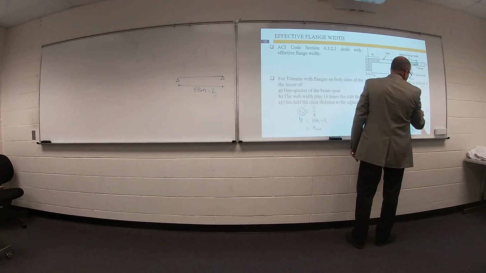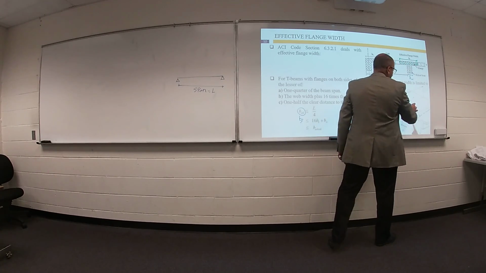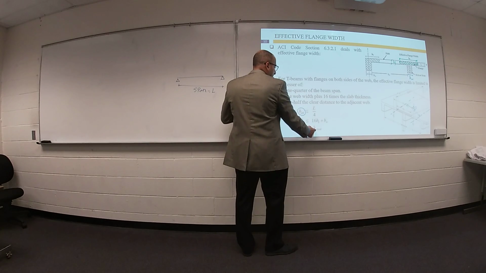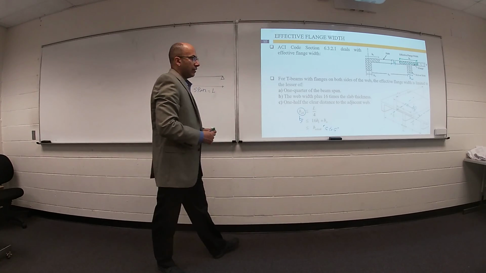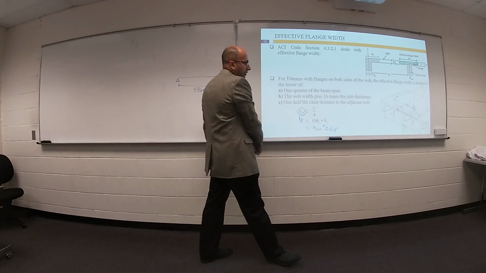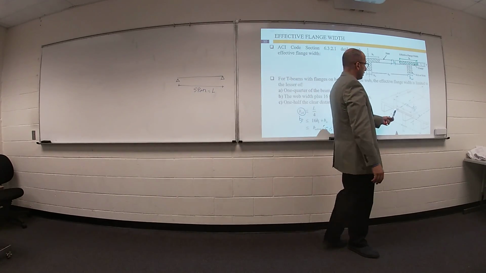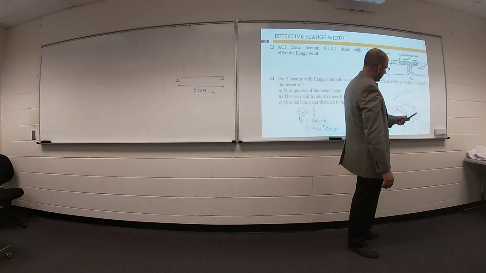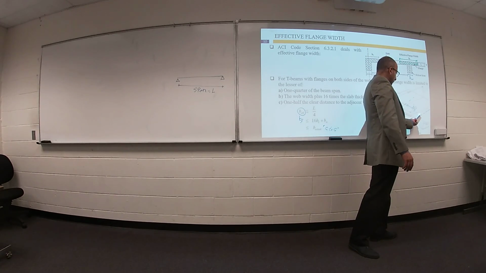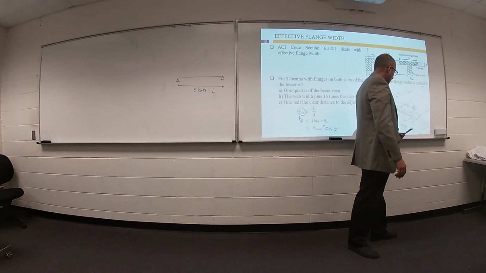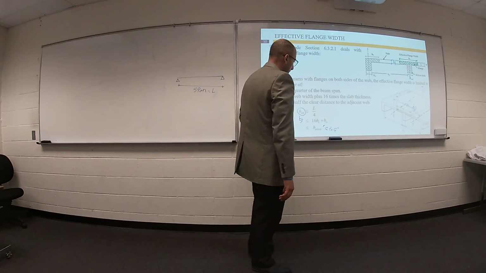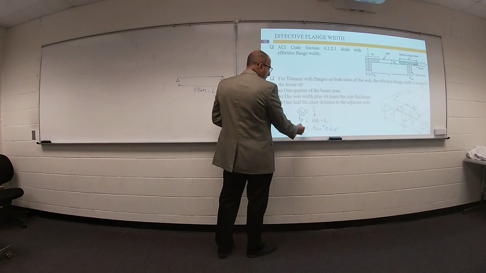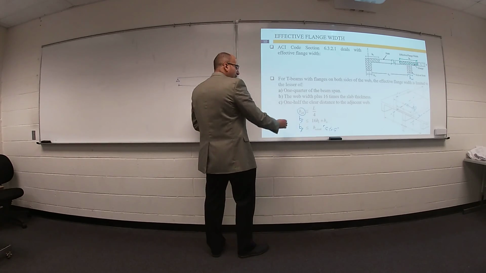So we have another distance for b flange, b actual, center line to center line. Your beam is repeated, so this beam can support from the center line between this beam and the previous beam, and from the center line between this beam and the next beam. So we have 3 different values of b flange.